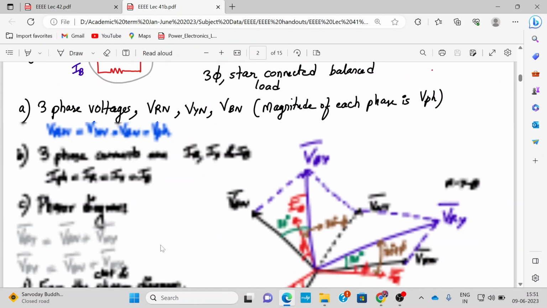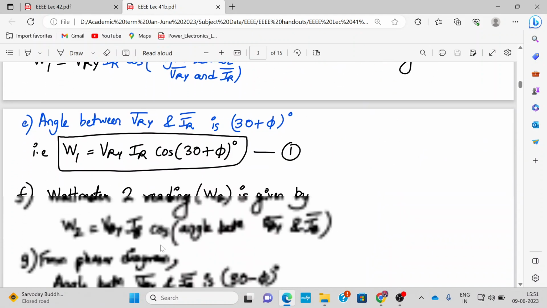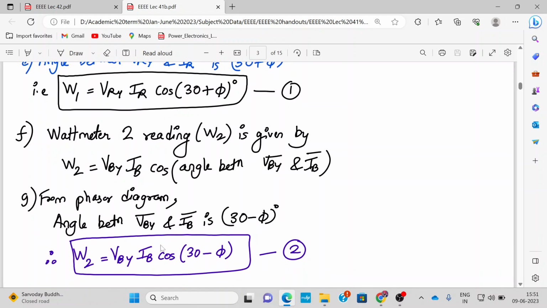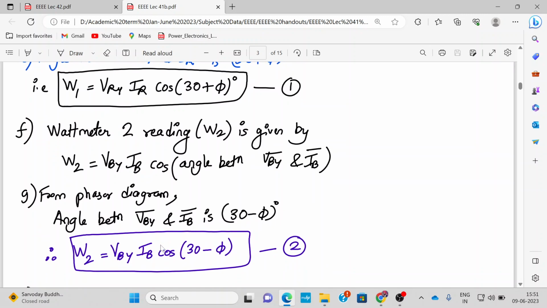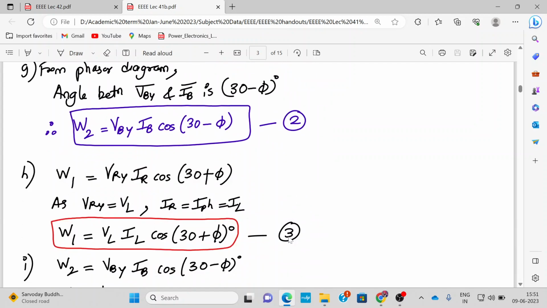In this process, we developed some formulas. W1 is VRY IR cos(30 plus phi), and W2 is VBY IB cos(30 minus phi), where phi is the phase angle.